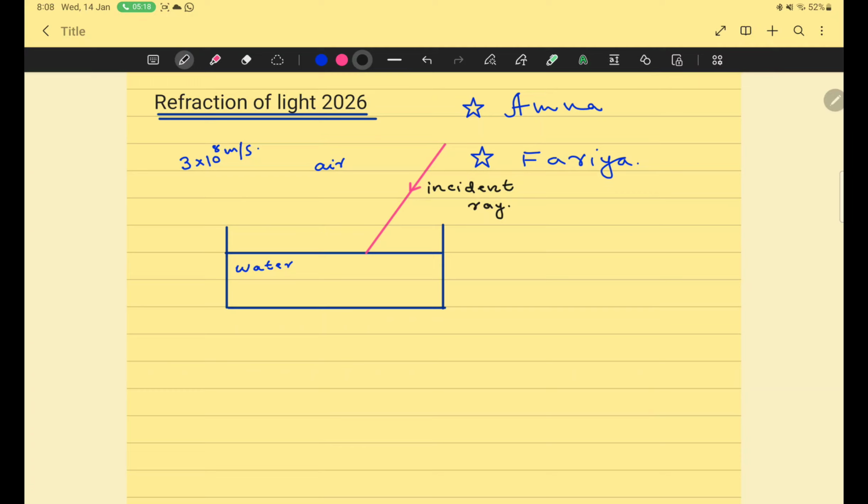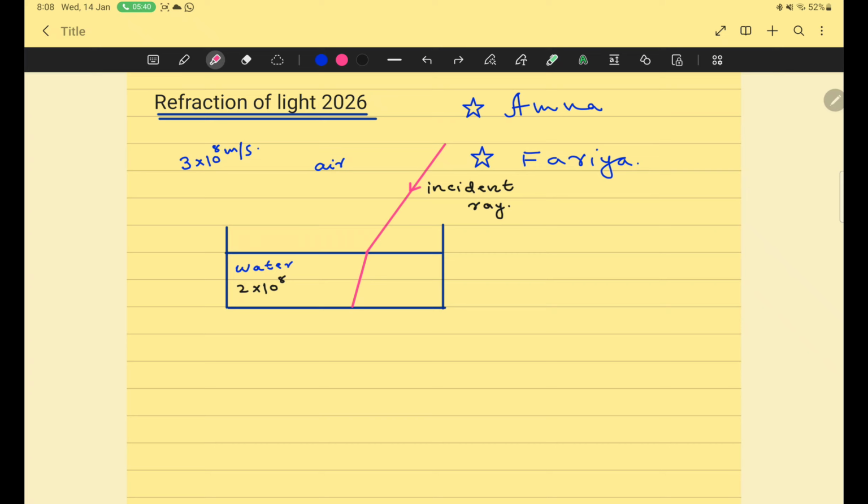So when light enters into water, it slows down, and the speed of light in water is 2 × 10^8 meters per second. So when light enters into water, it cannot continue on a straight path. It cannot continue the same path.